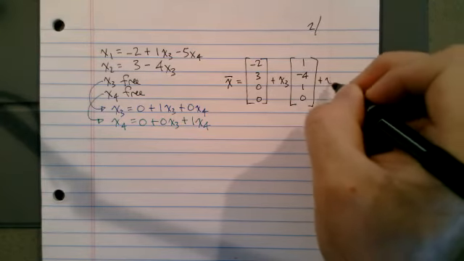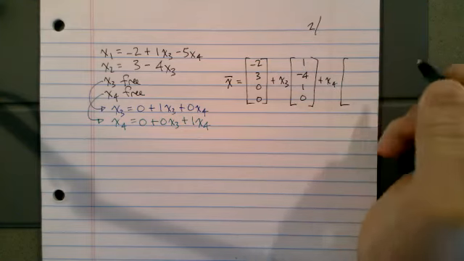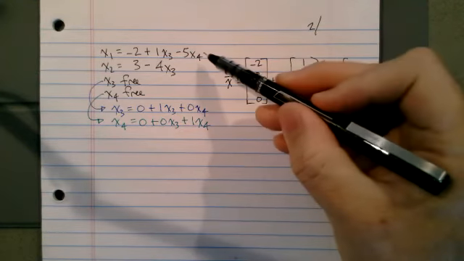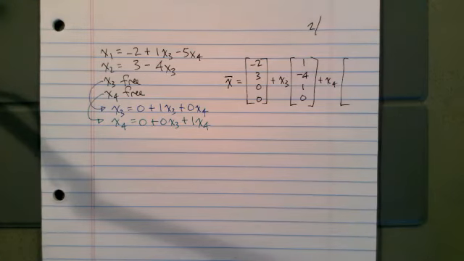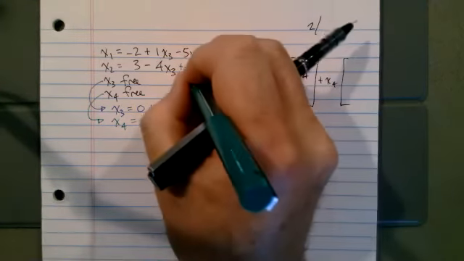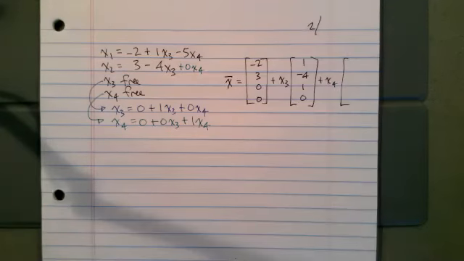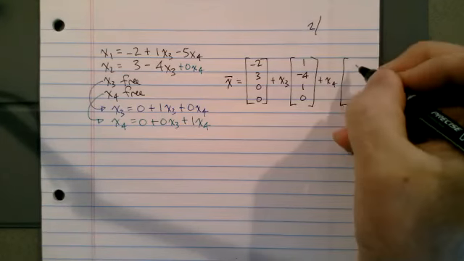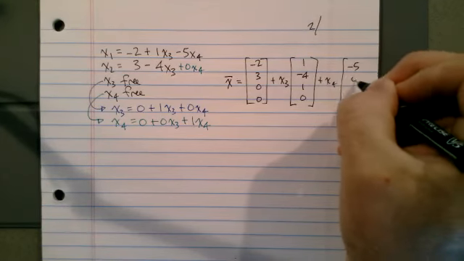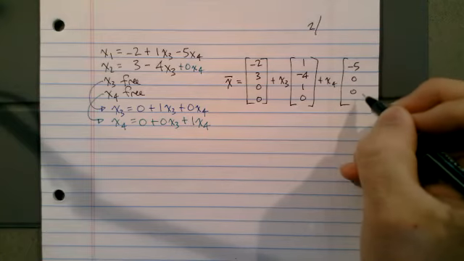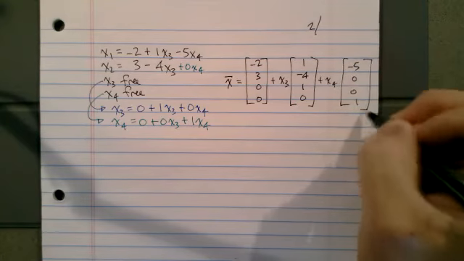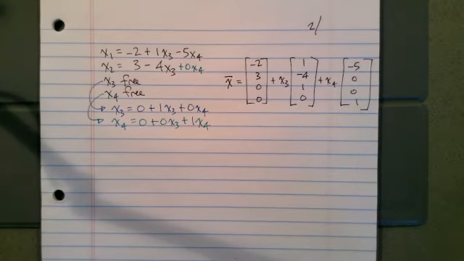And then there'll be a vector for x4. The coefficients of x4 are -5. We can read this as x2 has 0 to do with x4. So the coefficients for x4 are -5, 0, x3 is 0, and x4 is 1. So this would be the parametric vector form if we had two free variables, x3 and x4. Any questions?